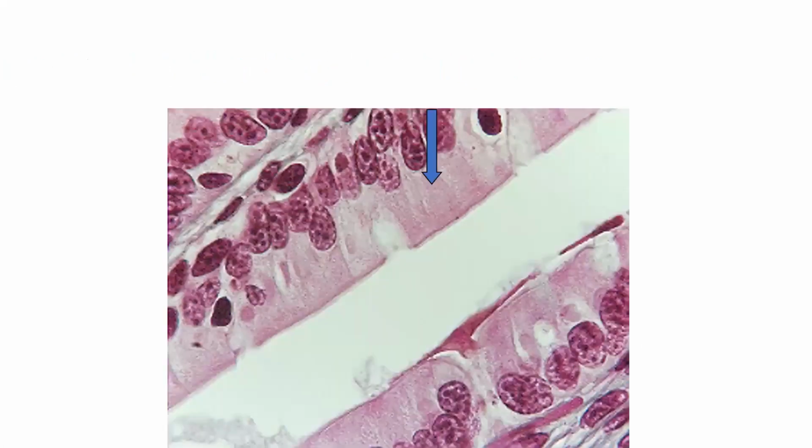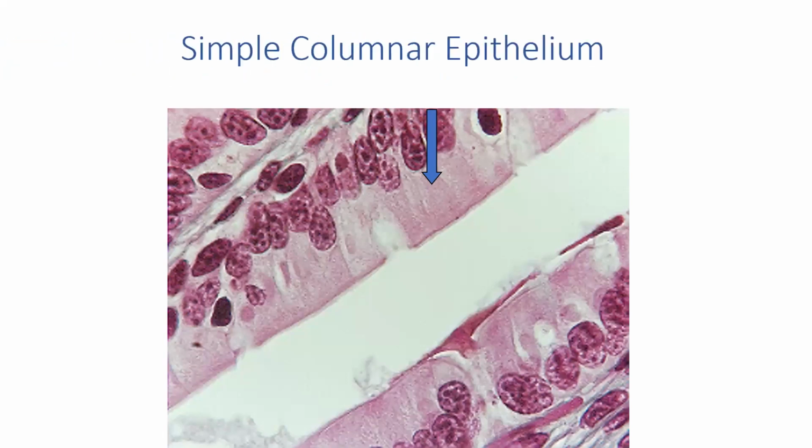This is simple columnar. Simple columnar cells show up in our small intestine where we absorb nutrients. The small intestine is lined with simple columnar cells, one cell layer thick. Right behind the simple columnar cells are capillaries, so that after we've finished the digestion process of food in our stomach and in our duodenum, the first 12 inches of the small intestine, we start absorbing the nutrients over the next 19 feet.